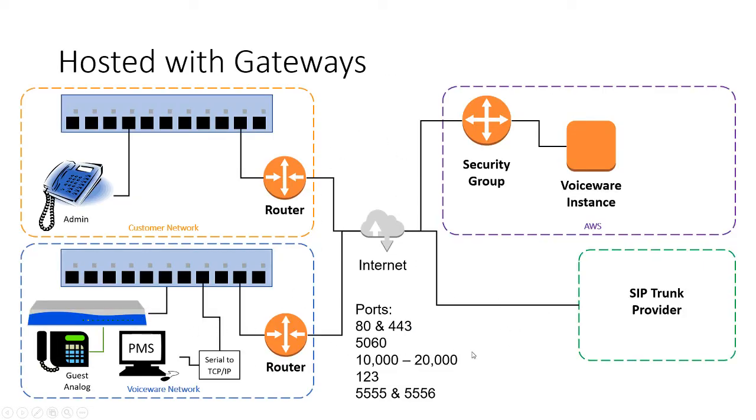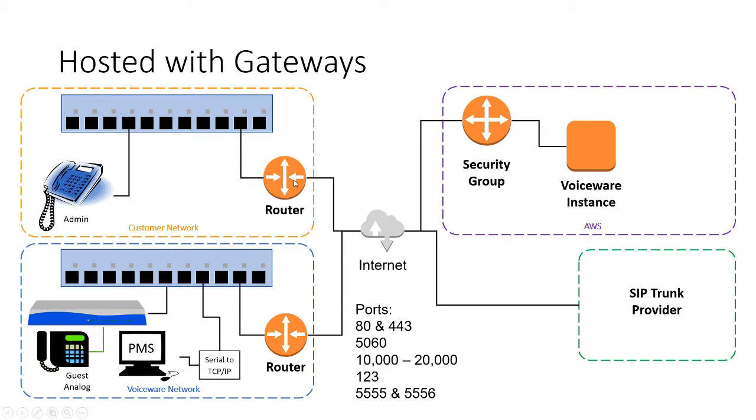The next setup that we have here is if we were using gateways. This is going to be very similar to our proxy installation with just a few caveats. Again, you have your customer network with your admin phone, and it will make communication out when it wants to make a call.